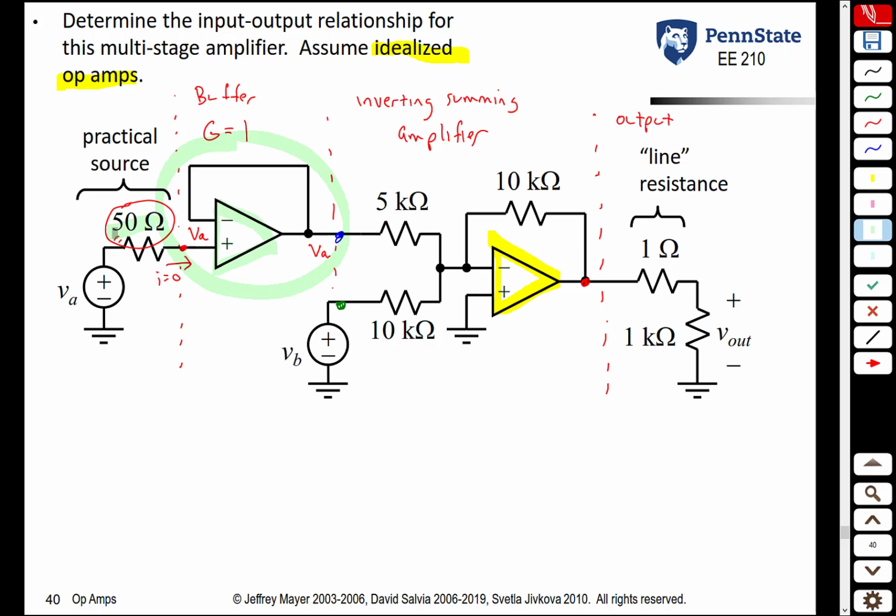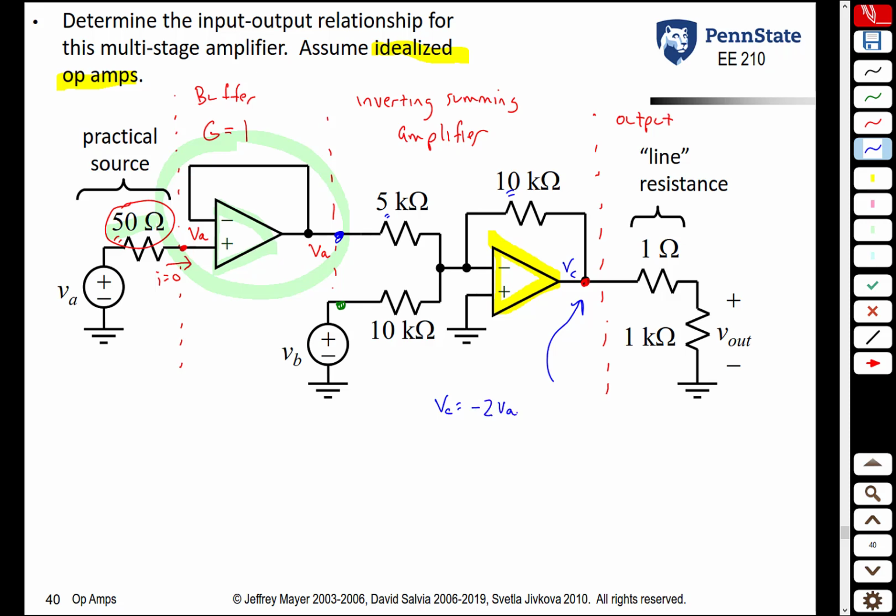So now let's look at the inverting summing amplifier. What does it tell us? It tells us that the voltage at this output, we'll call this VC, is what? VC is just the voltage at this point, which is VA times minus 10 over 5, so it's going to be minus 2 VA.